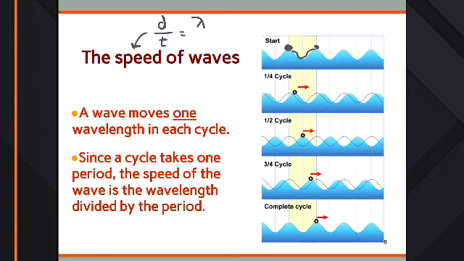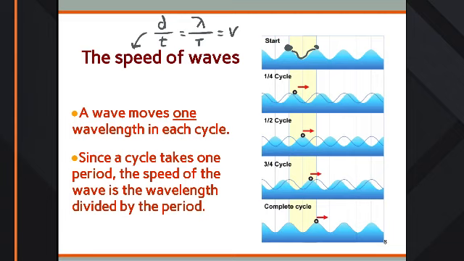That's my wavelength. If I'm trying to figure out how much time it takes for one cycle to complete itself, that's the period. So I have figured out the velocity of my wave by dividing wavelength by the period.